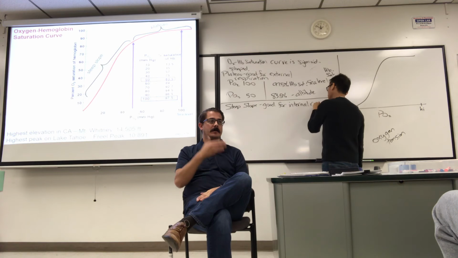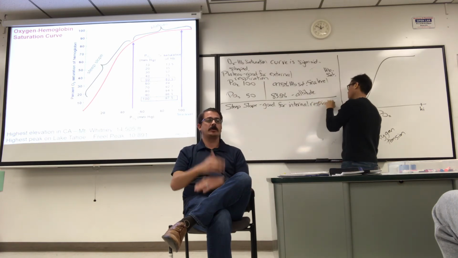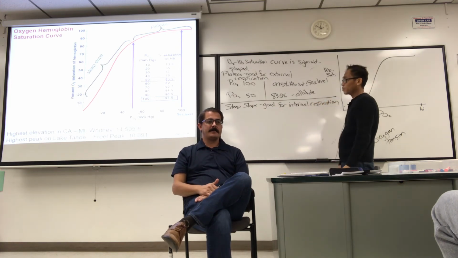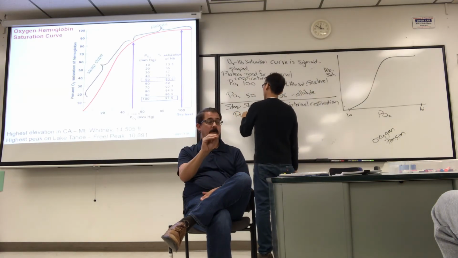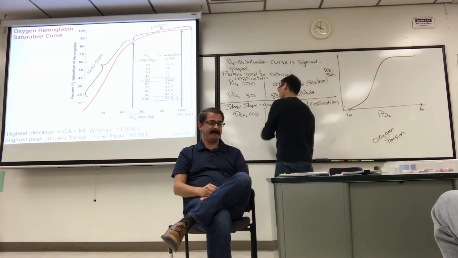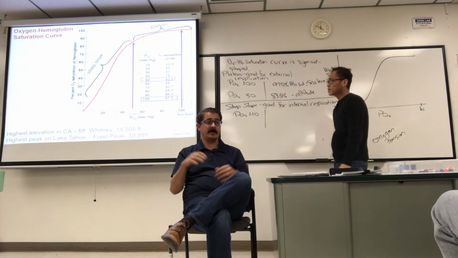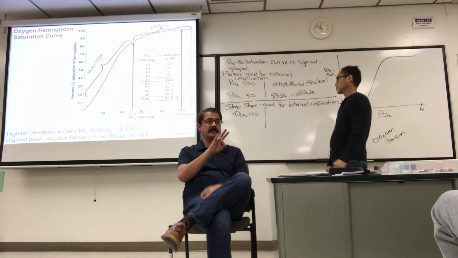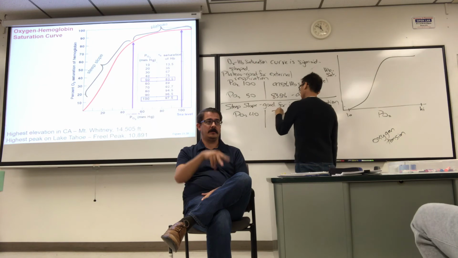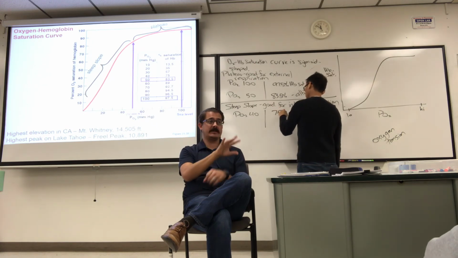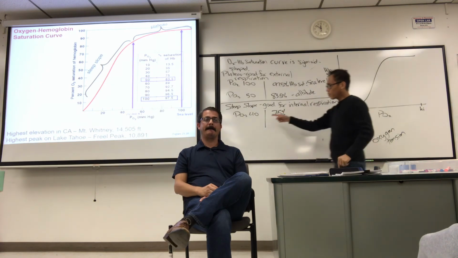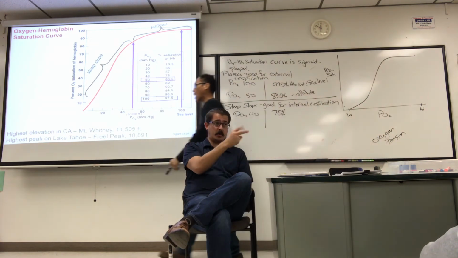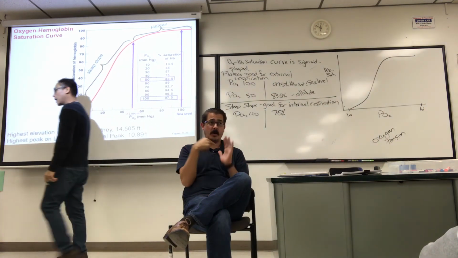Like for example, at a PO2 of 40, saturation is 75%.